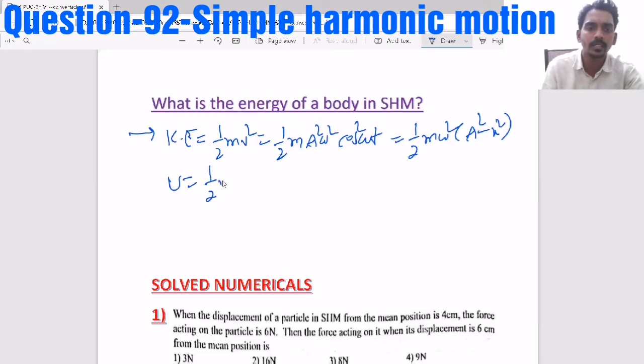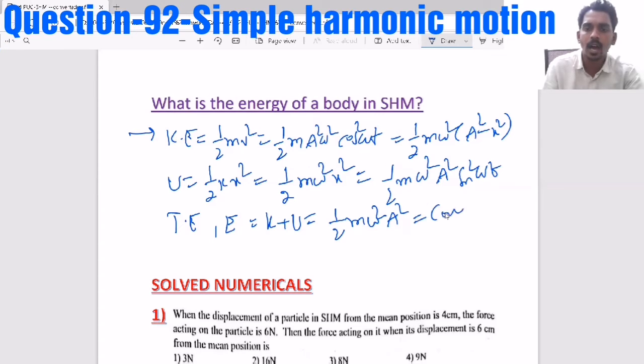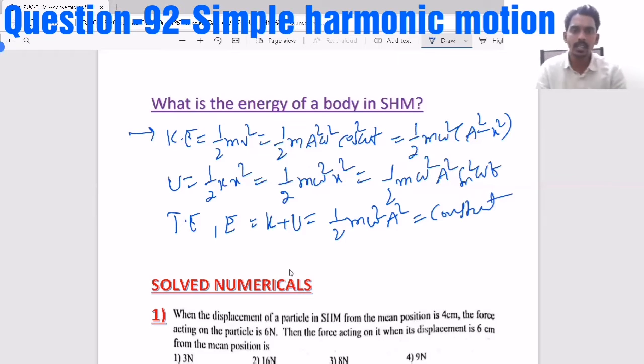And potential energy is half k x square, where k is the force constant, that is m omega square, so half m omega square x square, or else half m omega square a square sine square omega t. So the total energy E will become K plus U. If you add both of them, it remains constant always, half m omega square a square. So that is the energy of a particle in SHM.